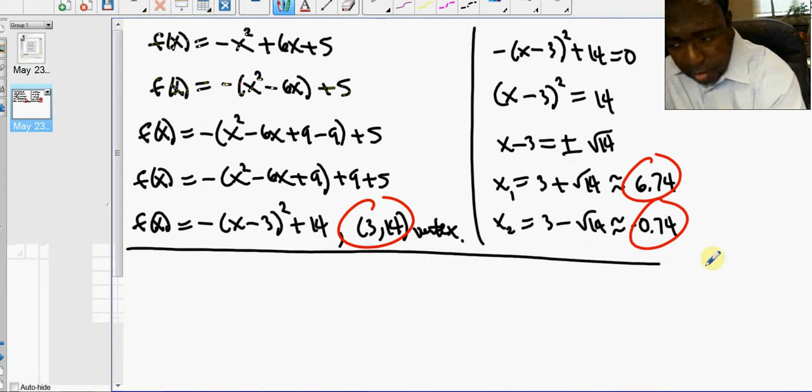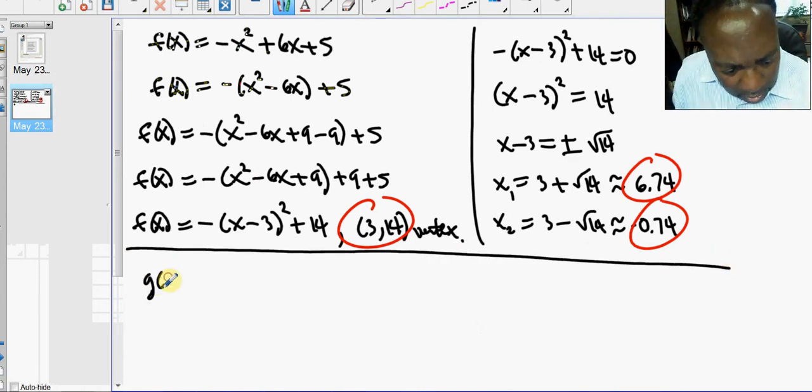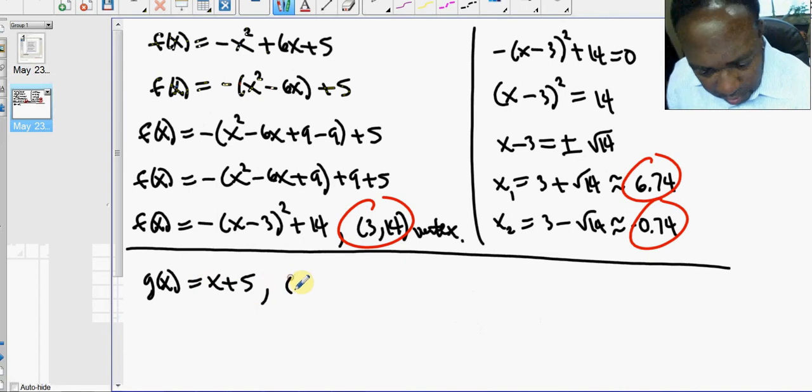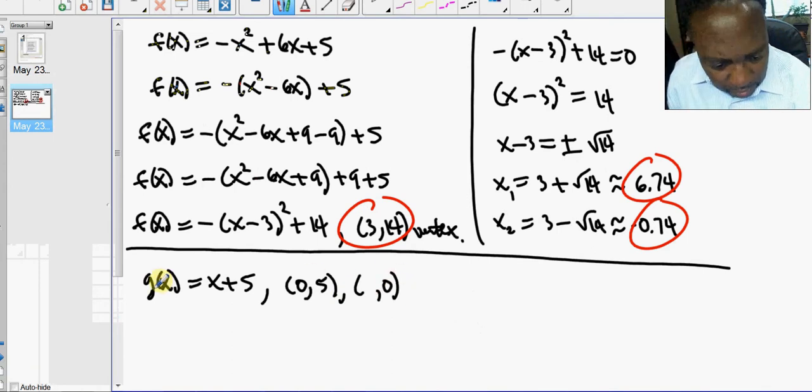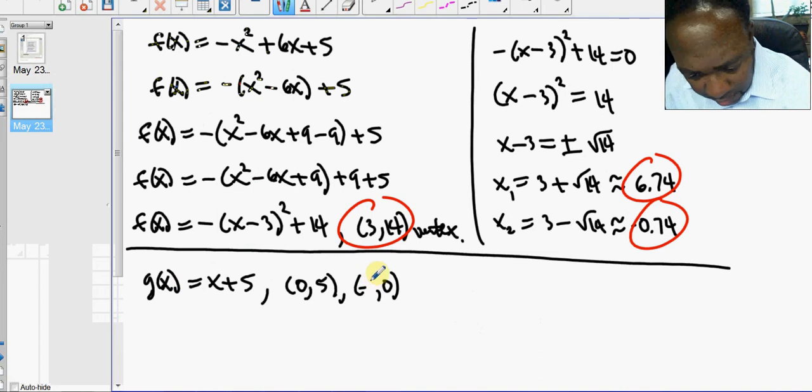So for that second equation, g of x is equal to x plus 5. Straightforward there. If x is 0, y is 5, and if y is 0, that is g is 0, then x has to be negative 5.